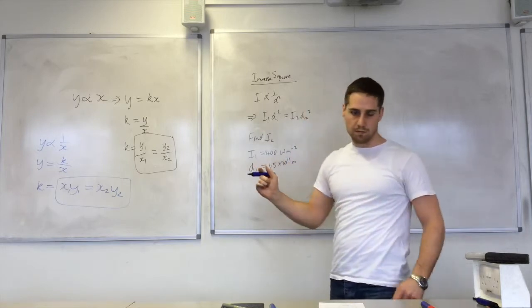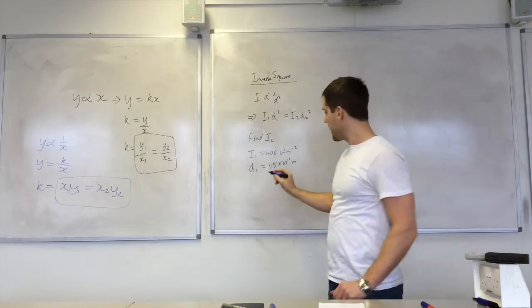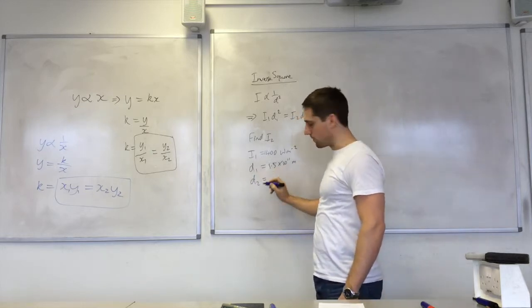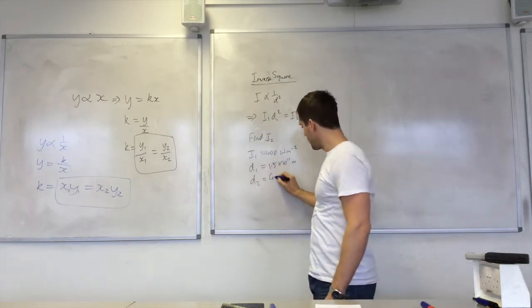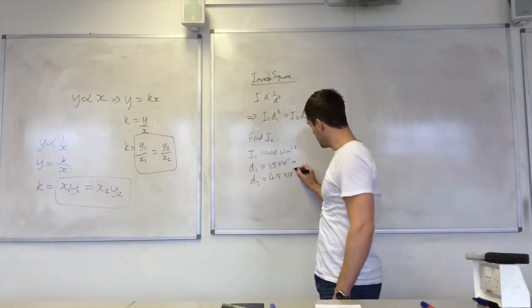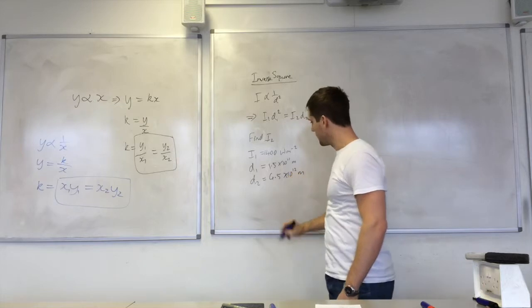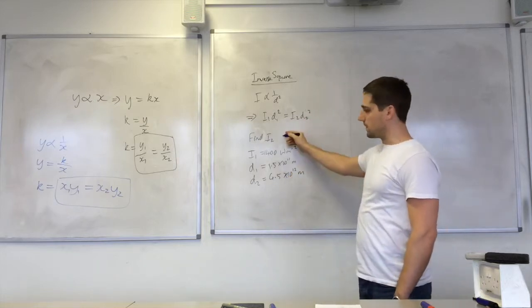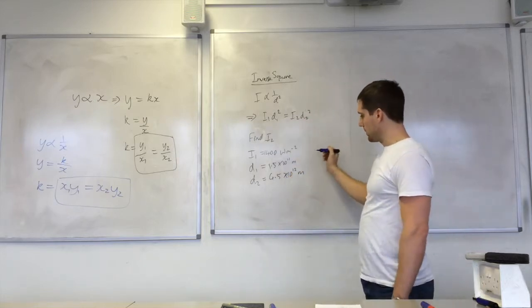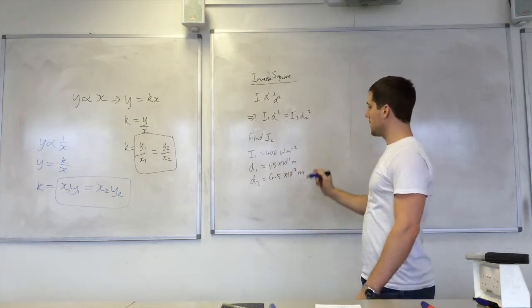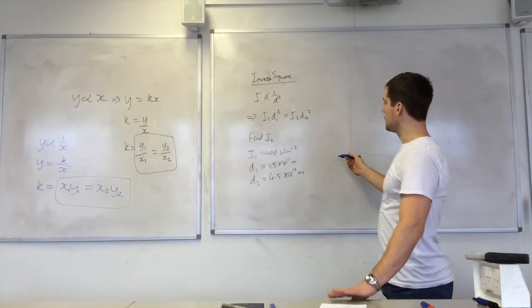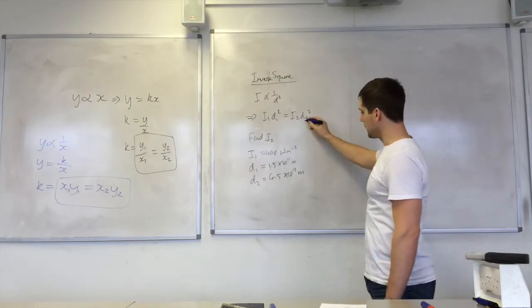That's about the distance from Earth to the Sun. And D2, this is Sun to Neptune, 4.5 times 10 to the 12 metres. So what's the intensity at Neptune if it's that far away? We need to find out what I2 is.